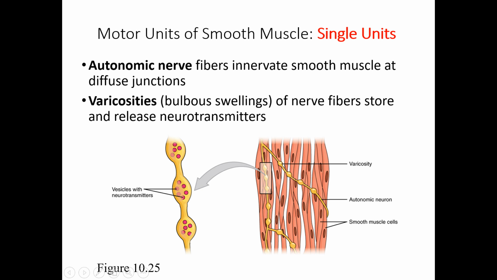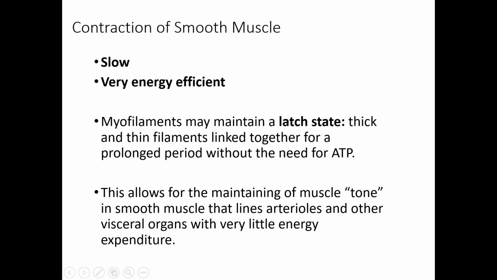But we cannot do that to smooth muscles because right here there are autonomic nerve fibers. We cannot control them. Those autonomic nerve fibers branch, and each branch has several bulges called varicosities, and those vesicles contain neurotransmitters, and each of those varicosities activates one smooth muscle cell.